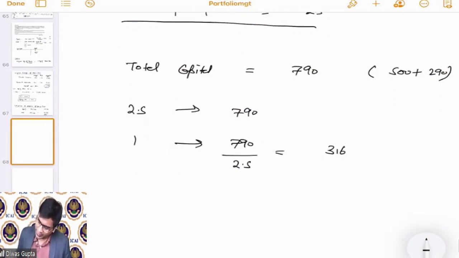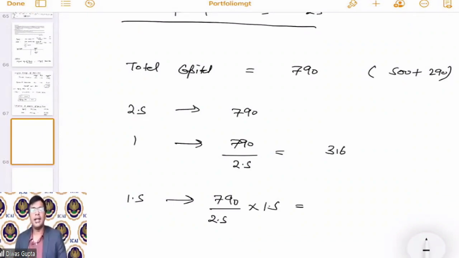And 1.5 will be 790 divided by 2.5 multiplied by 1.5, which comes to 474.